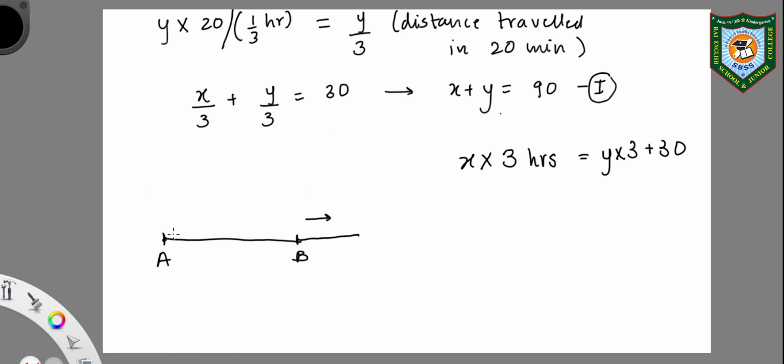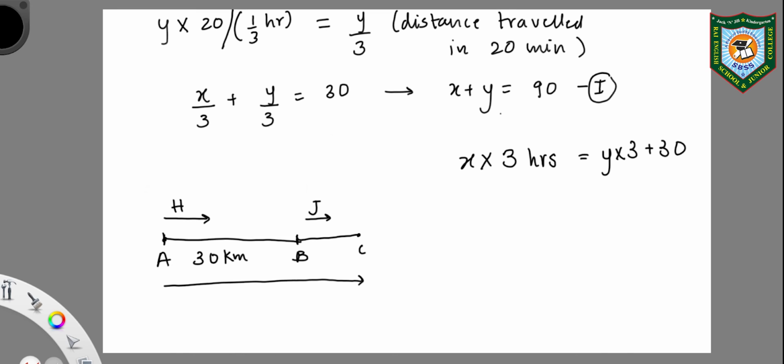Now remember, the distance between AB is already 30 kilometers, and let's say this is point C. That means Joseph has traveled this BC distance in those 3 hours. Now the question also says that Hamid catches Joseph at point C. That means Hamid travels all the way till C in those 3 hours.